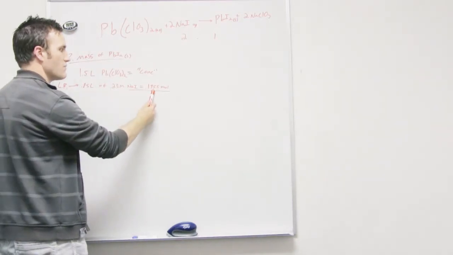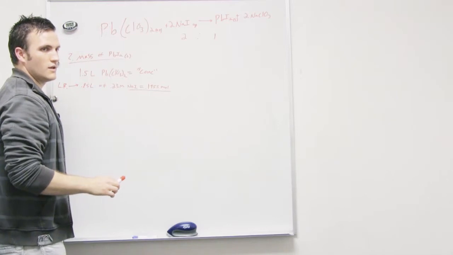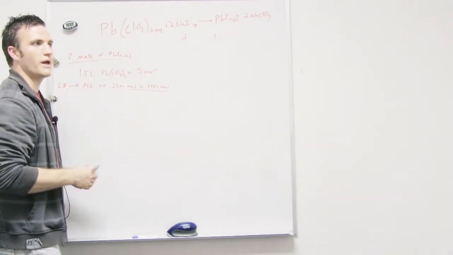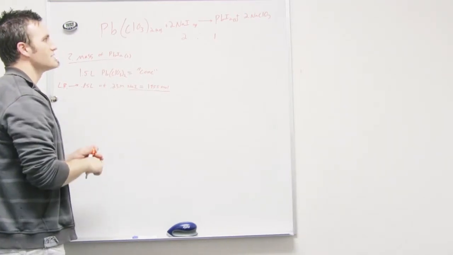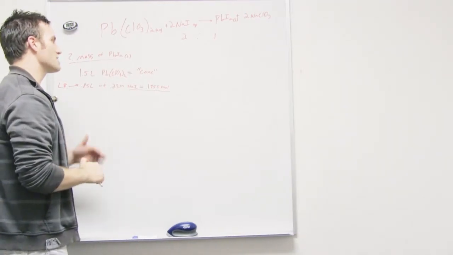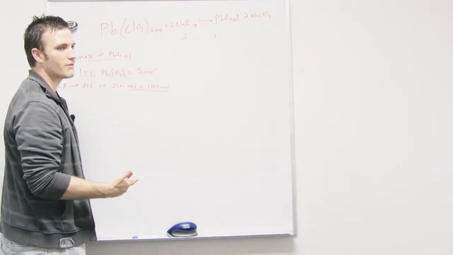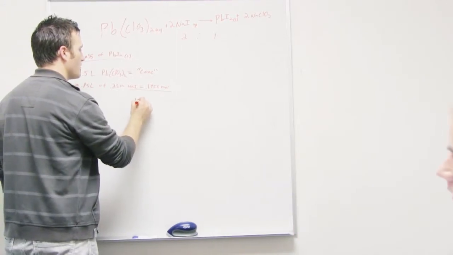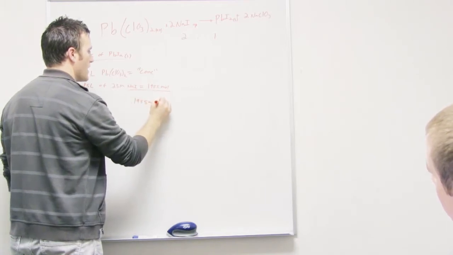If we have this many moles, and it said it goes to completion, right? Which in real life doesn't really happen, but it's better to talk in these terms. So we have 0.1955 moles of sodium iodide.